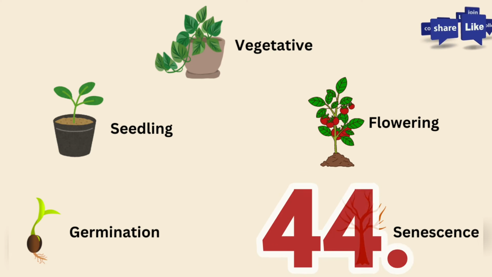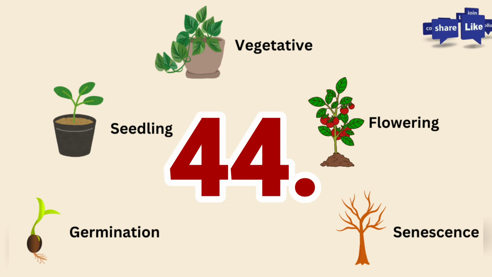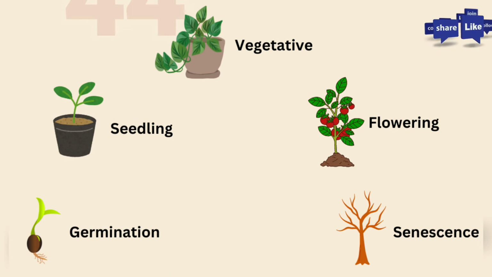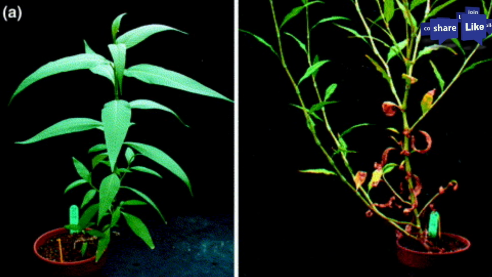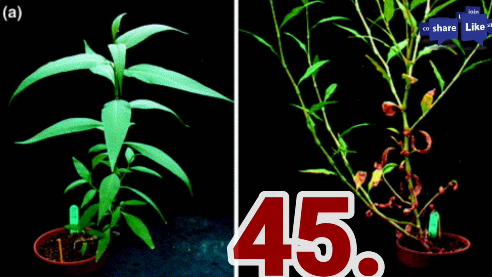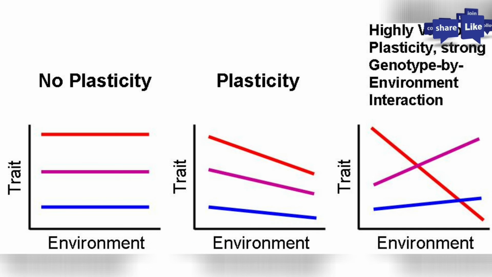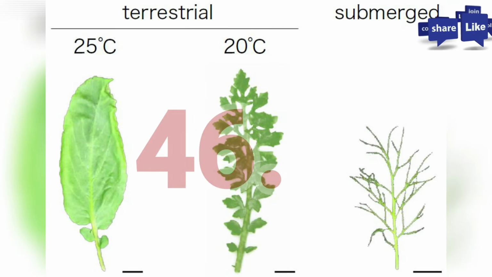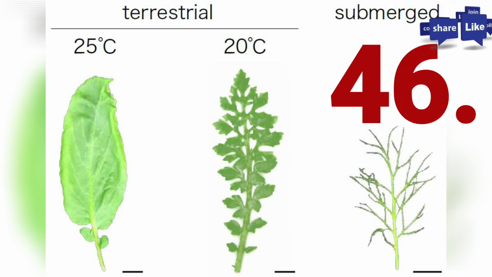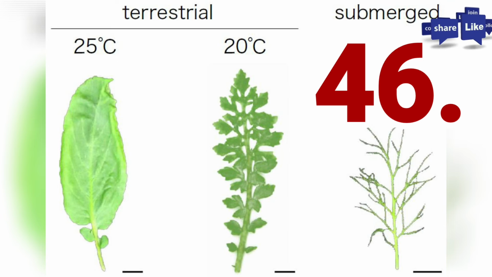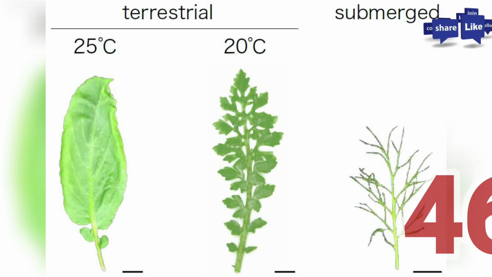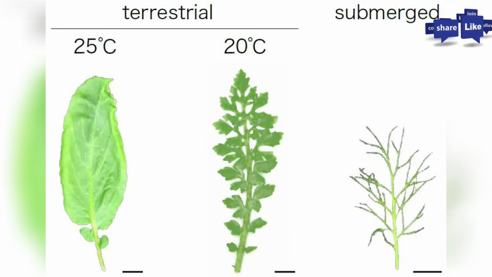Development includes all changes from seed germination to senescence. Plants follow different pathways in response to environment or phases of life to form different kinds of structure. This ability is called plasticity. Heterophylly in buttercup, cotton, coriander and larkspur is an example of plasticity.